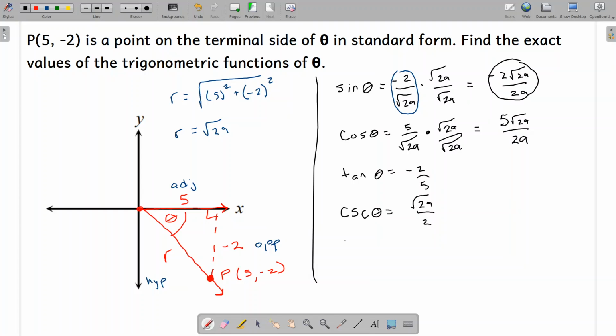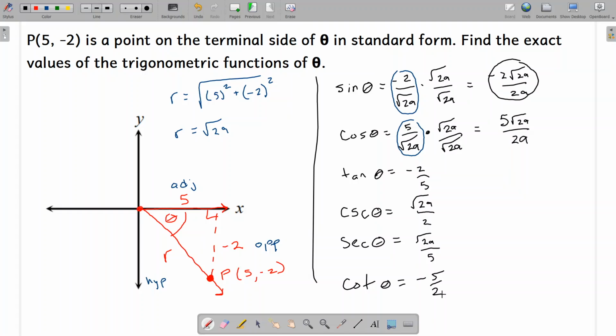Okay, secant is the reciprocal of cosine, and I'm going to do the same thing I did for sine here, where I'm going to look back at cosine before I rationalized, and that's what I'm going to take the reciprocal of. So that's going to give me radical 29 over 5. And then cotangent is the reciprocal of tangent, which is going to give us -5/2.